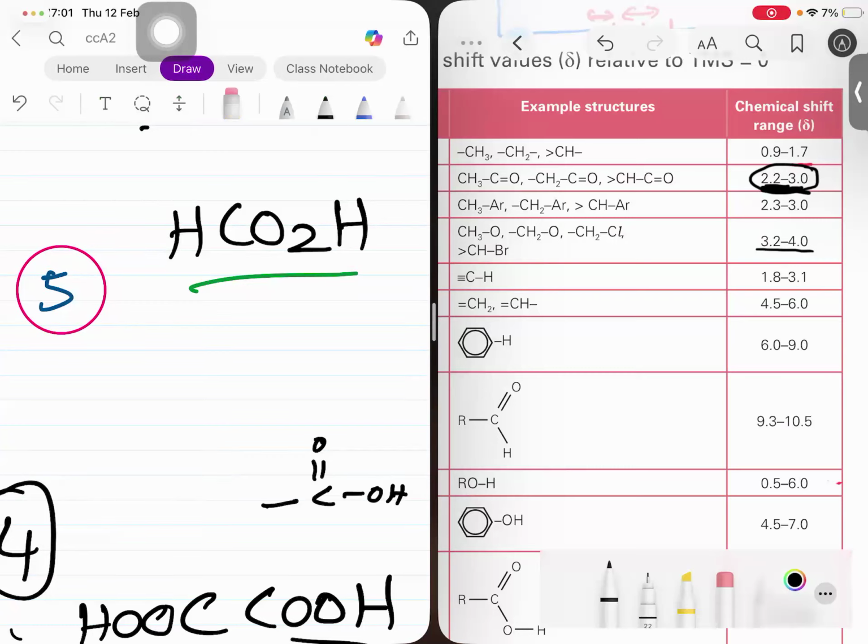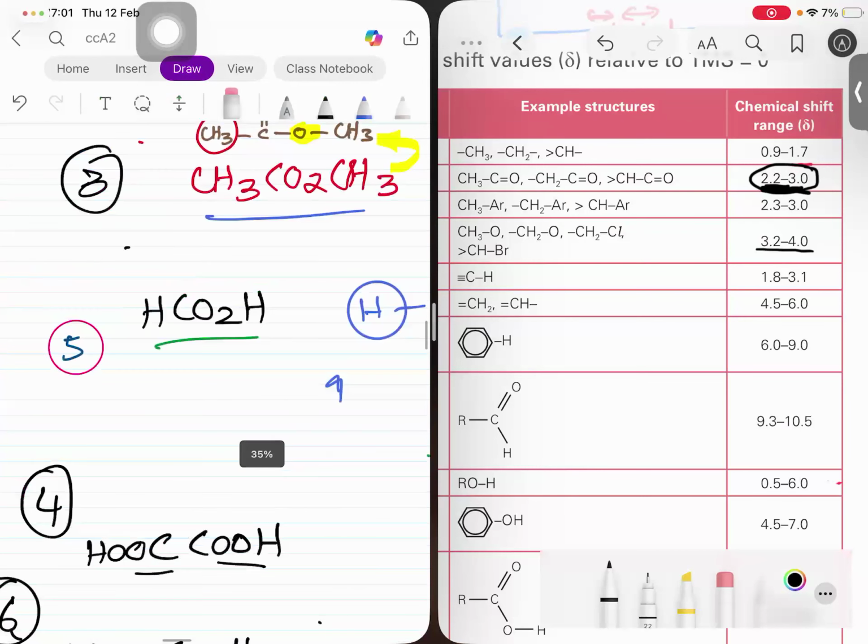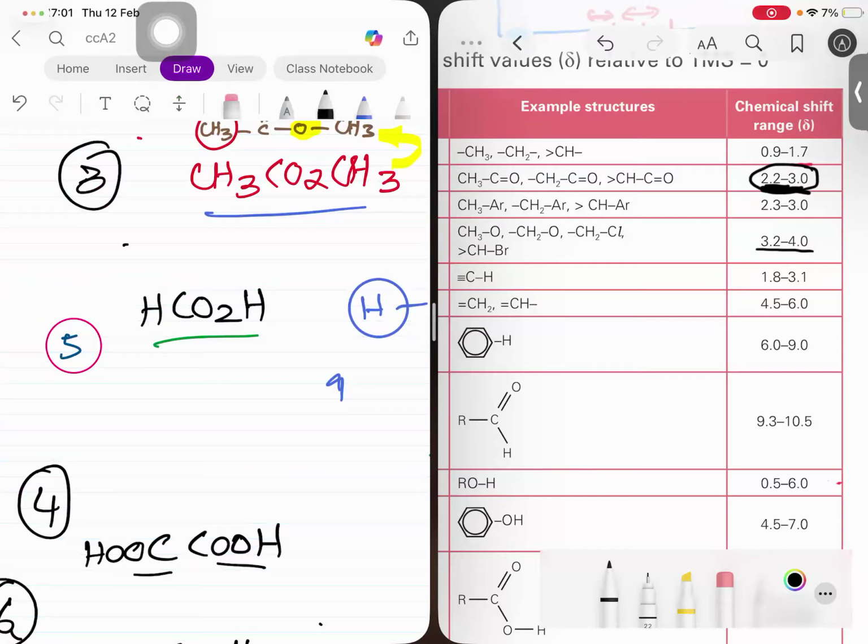No, it's a carboxylic acid. Hashim? Ayla? Musa? Ayla, are you there? 2 peaks. Ji, sir. How many peaks?